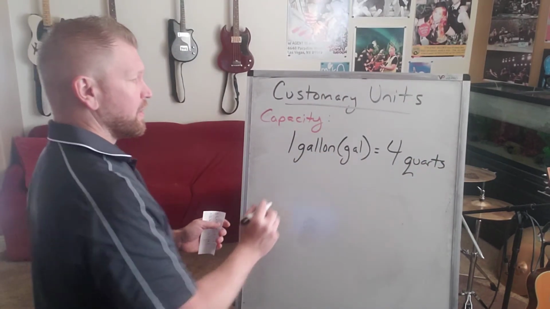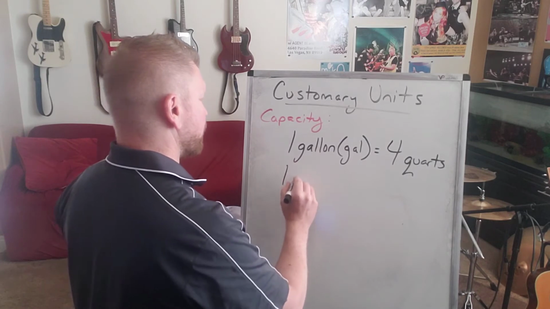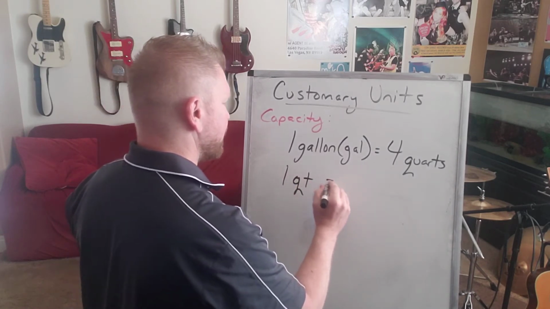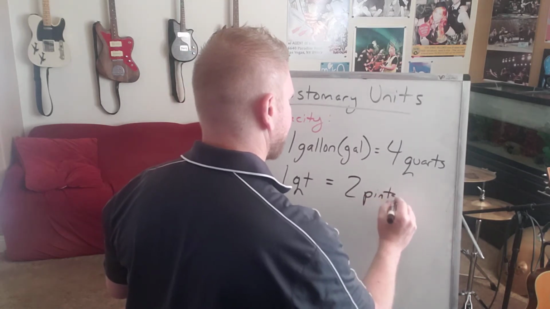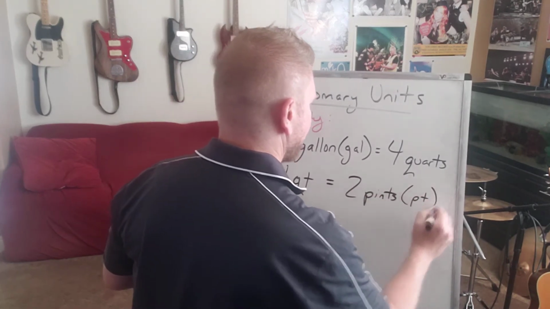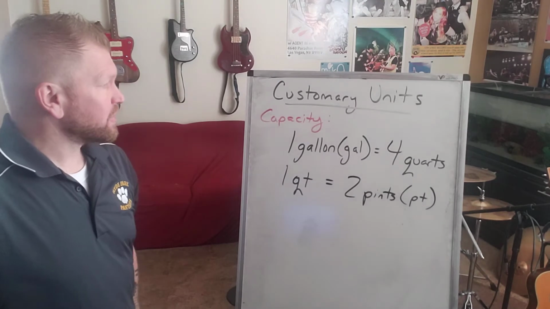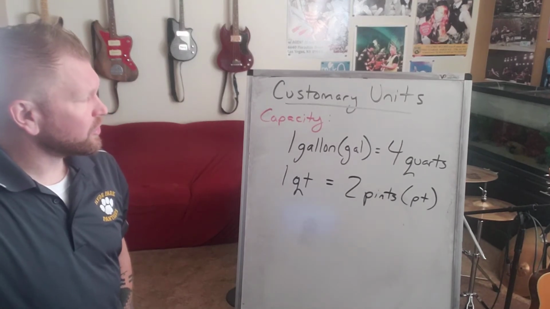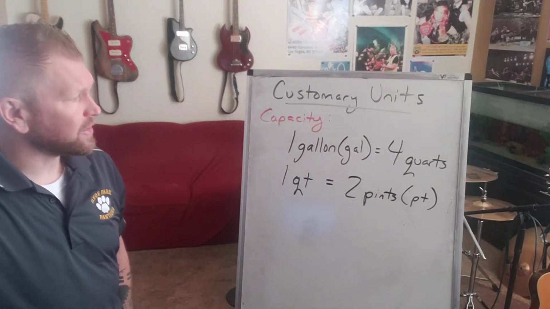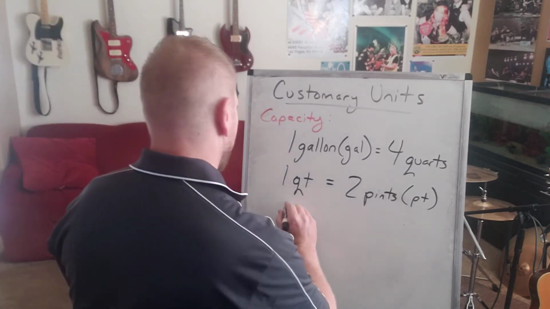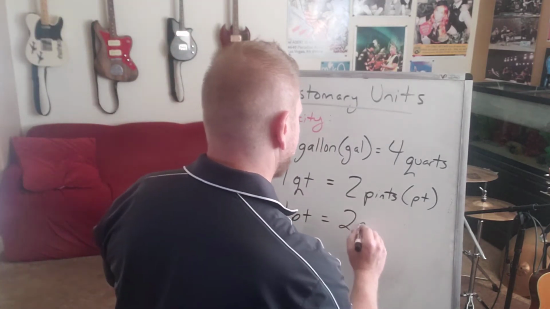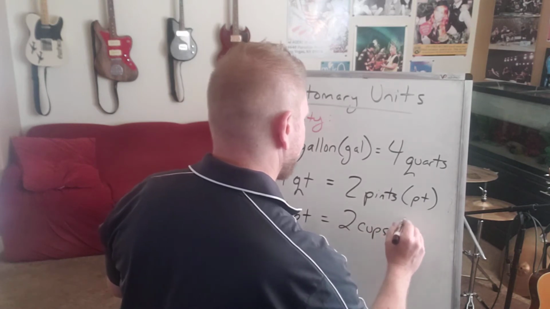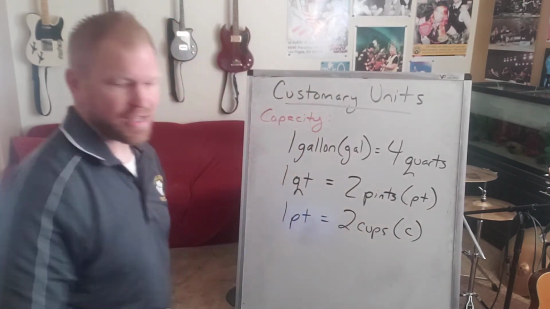Now, if you have 1 quart, abbreviated QT, that is equal to 2 pints, abbreviated PT. So again, 1 gallon is 4 quarts, 1 quart is 2 pints. If you've got 1 pint, that is equivalent to 2 cups. Abbreviation is just the letter C.